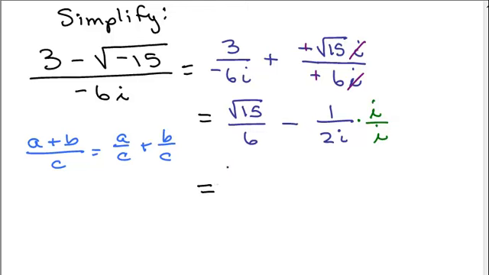And we've got this first one stays the same. So in the numerator here, I have now an i. And in the denominator, I have a 2i squared. But a 2i squared is negative 2. So we got to keep going here.